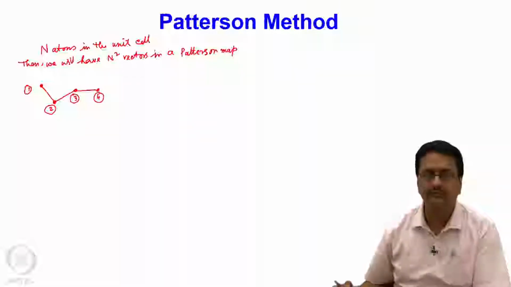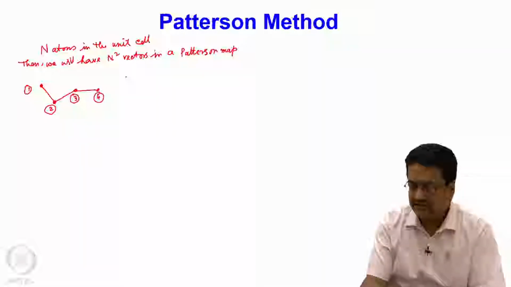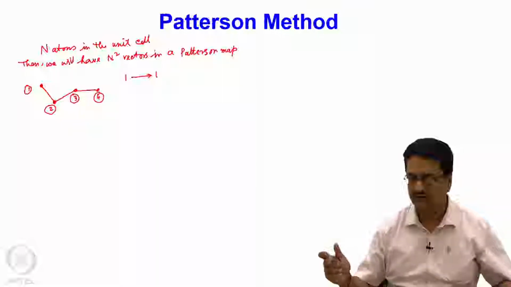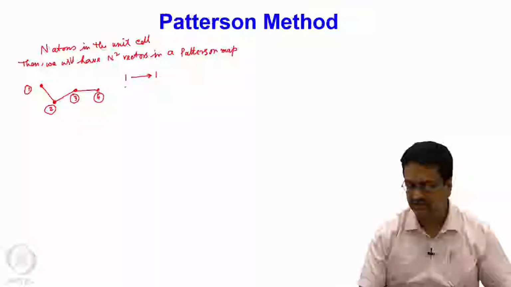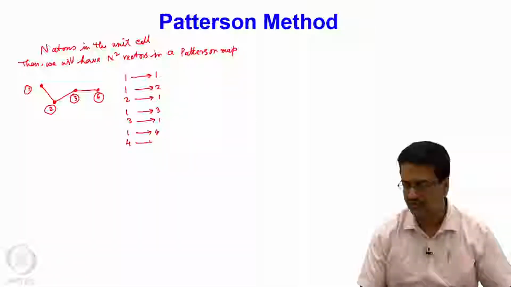So, the Patterson map will have the vector peaks from atom 1 to atom 1. This is the self vector, and the other vectors 1 to 2 and 2 to 1, the opposite vector, 1 to 3 and 3 to 1, 1 to 4 and 4 to 1.